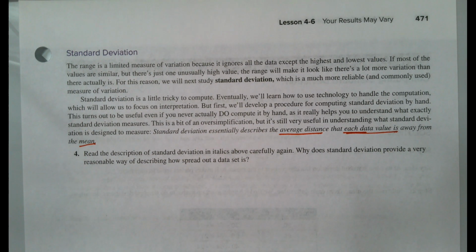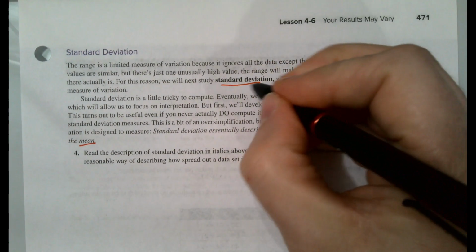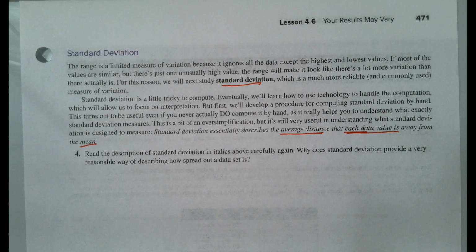So if the mean was the best measure of the center, what the standard deviation measures is the average distance all of the data values are from that good center measurement. And that will tell us if things are really spread out or if all the data values are pretty well clumped together.